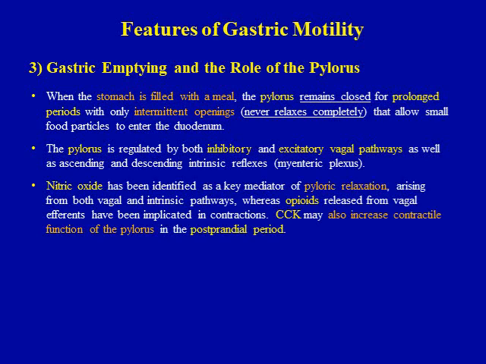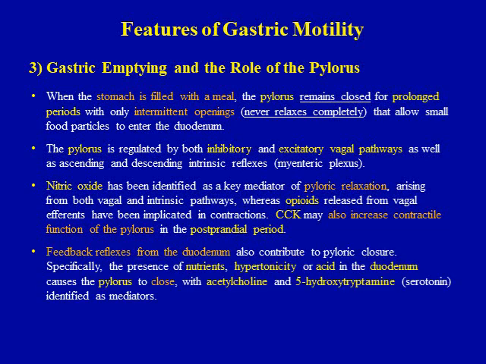Nitric oxide has been identified as a key mediator of pyloric relaxation, arising from both vagal and intrinsic pathways, whereas opioids released from the vagus or the vagal efferents have been implicated in contractions. Also, hormones like CCK, that is released from the duodenum, may also increase the contractile functions of the pylorus in the postprandial period or the period after a meal.